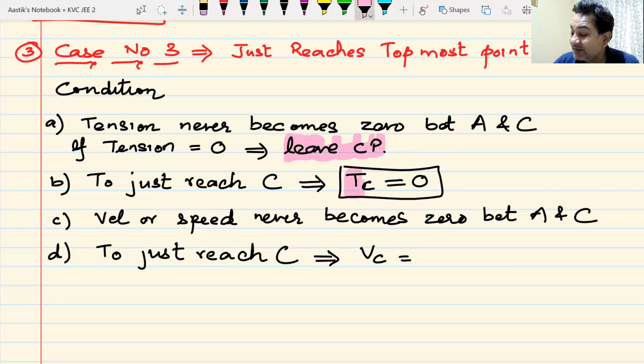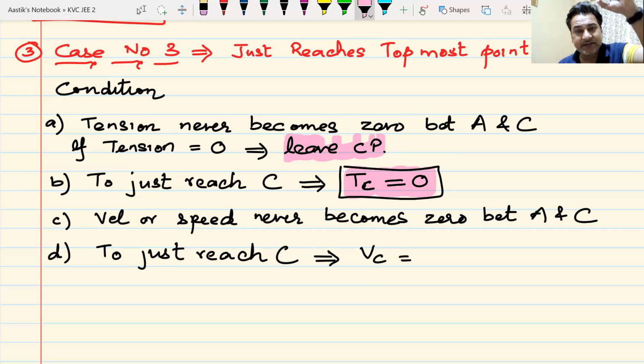If tension at point C is 0, will that mean velocity at point C is 0? There is only one point where this can happen, when tension and velocity both become 0. What is that point? Highest point.